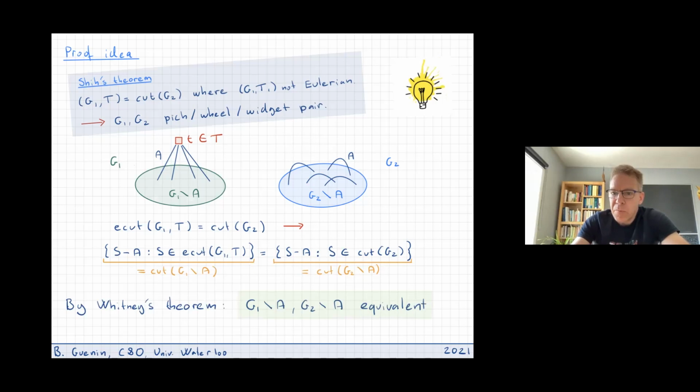So somehow after removing a small number of edges, the two graphs become equivalent. So you can see why the only highly connected instance is the one which corresponds to the pinch instance. If you think a little bit, that's where it comes from.